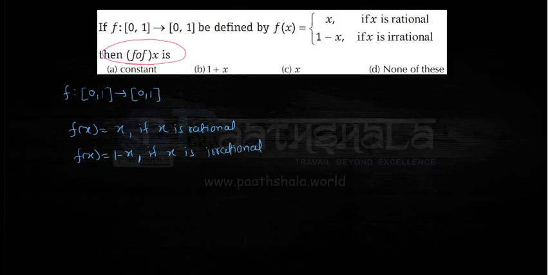Let's begin by analyzing the function f of x closely. If x is a rational number like 0, 0.5 or 1, then f of x is equal to x only.